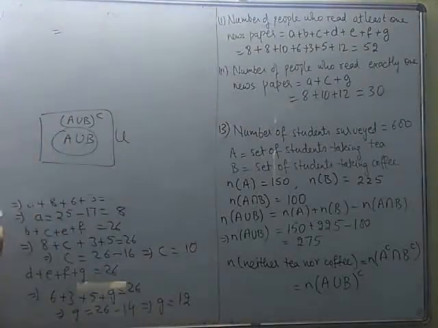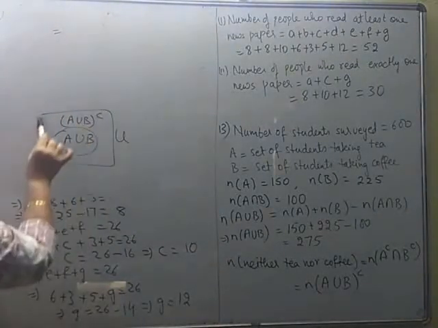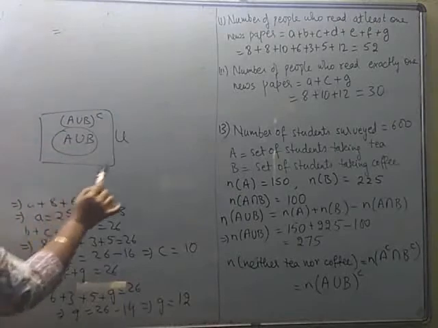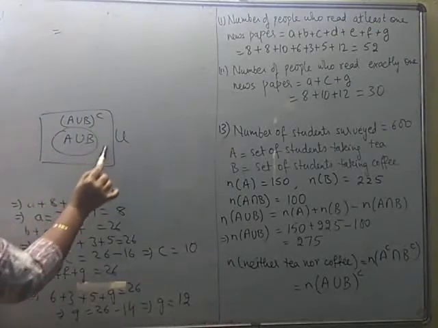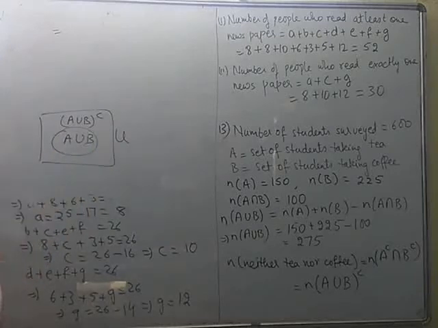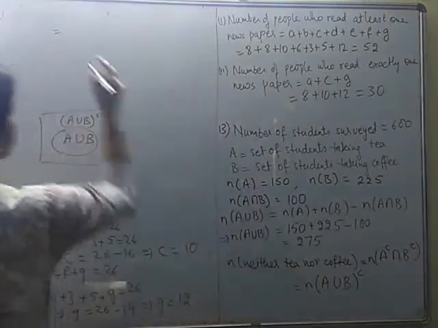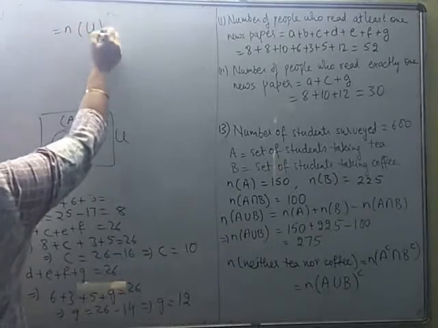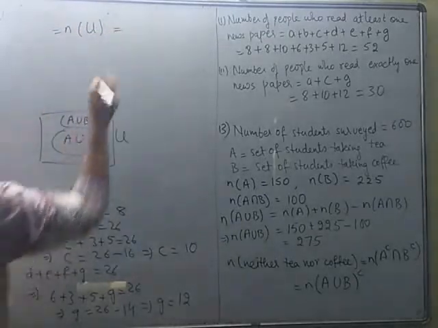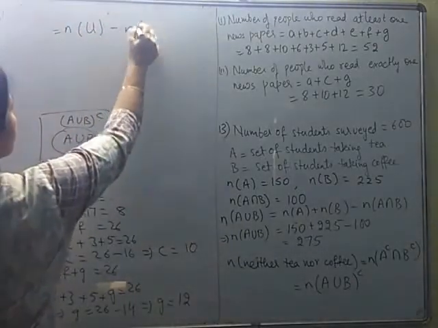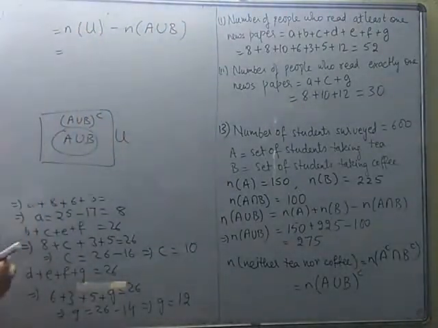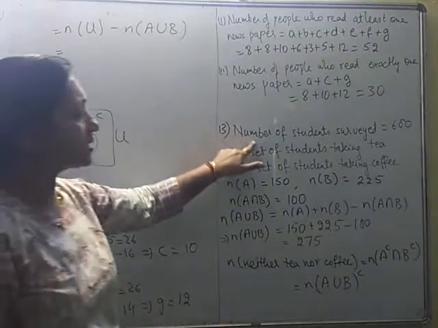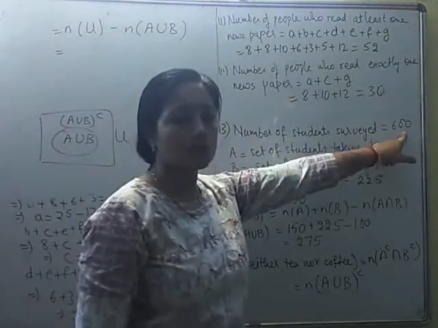Now, if you see from this universal set, the number of people in this universal set, if I remove the number of people in A union B, I will be left with these people. So we can further write it as the number of students in the universal set minus the number of students in A union B. Now from where to get the number of students in the universal set? It is the total number of students who were surveyed.